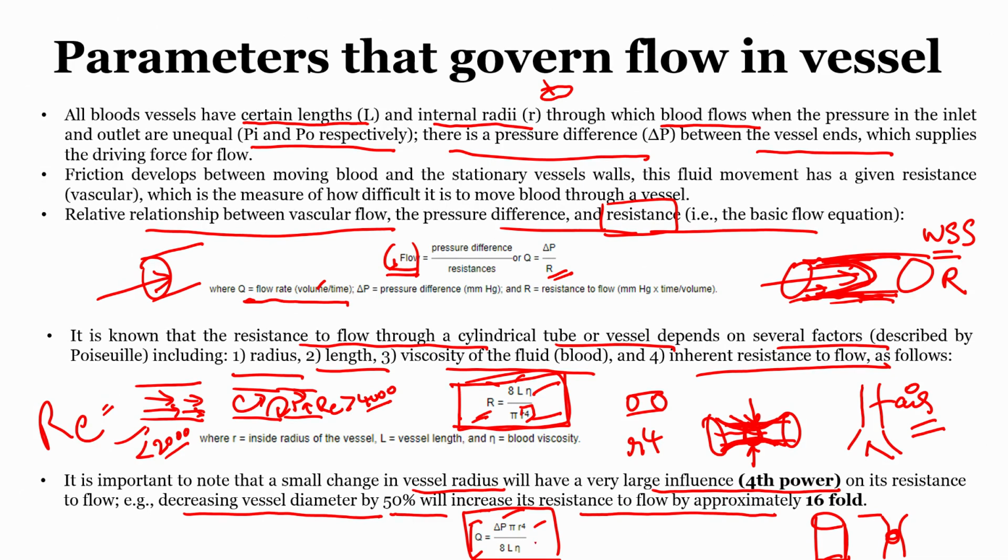These parameters play an important role because, as of today, there is no diagnostic tool which can be just inserted through the organ to determine what is the alteration in the fluid flow.